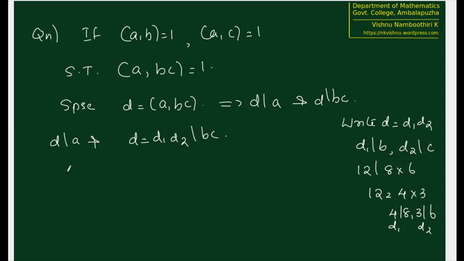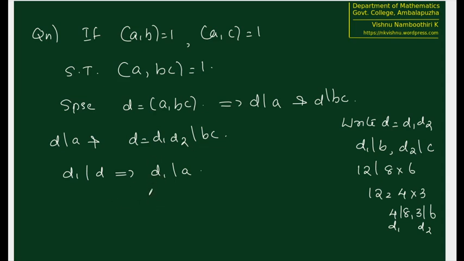Now note that D1 divides D implies D1 divides A also, because D divides A. So D1 divides A. We have already written that D1 divides B, so this is not actually necessary and can be removed.